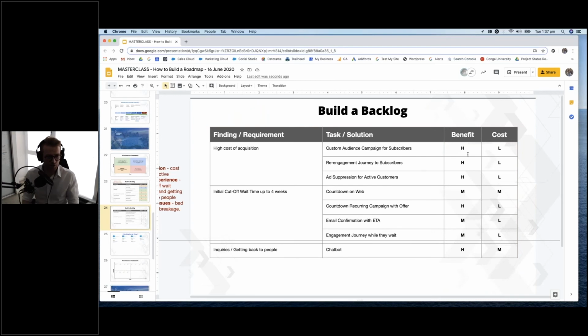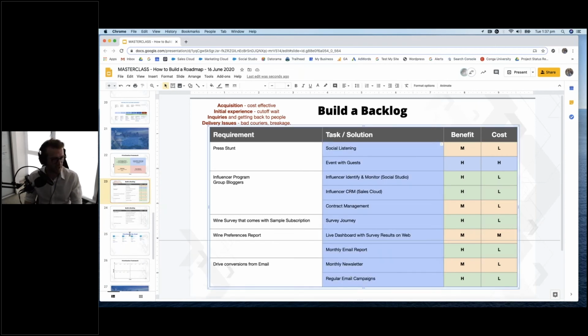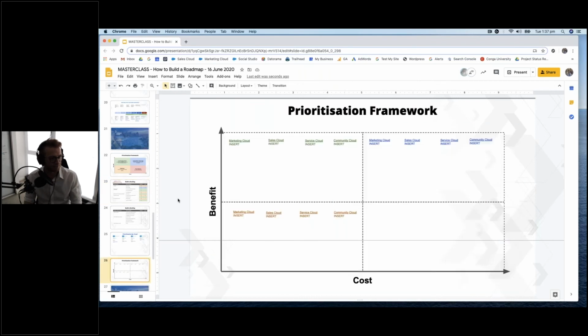Great. Okay, I'm not going to do them all, but what I'm going to do is the next step. So what I do, it's again a very manual process, is I would then take these and I'd throw them in here.